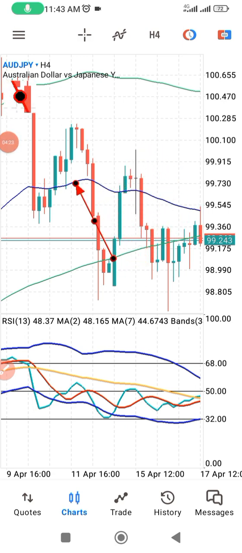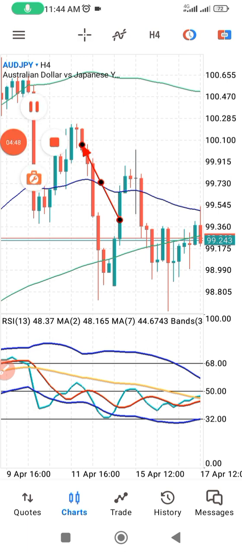Okay, looking at our chart, the candlestick pattern we are having is a hanging man. And because this pullback is into the zone of our moving average, we know this is a zone of reversal, and so this hanging man is a bearish reversal pattern.